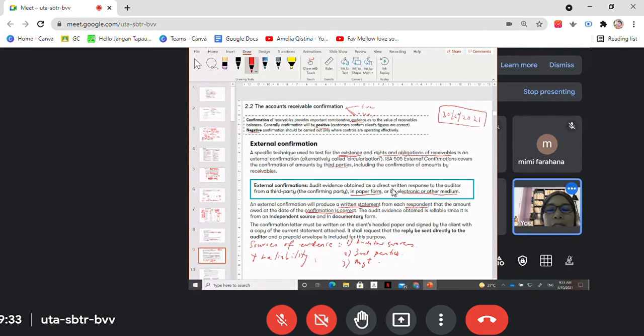The audit evidence obtained is reliable since it is from an independent source and in documentary form. So if the question asks why the confirmation letter is considered highly reliable audit evidence, this is the statement you need to support it. You cannot simply answer without the fact. This is the fact you should include in your answer.